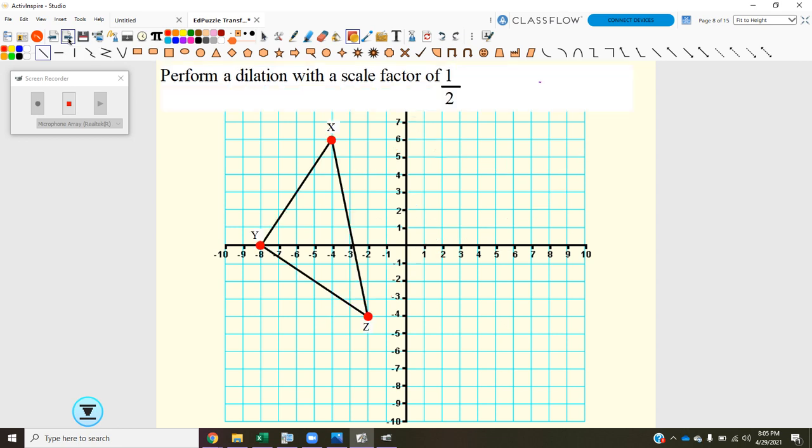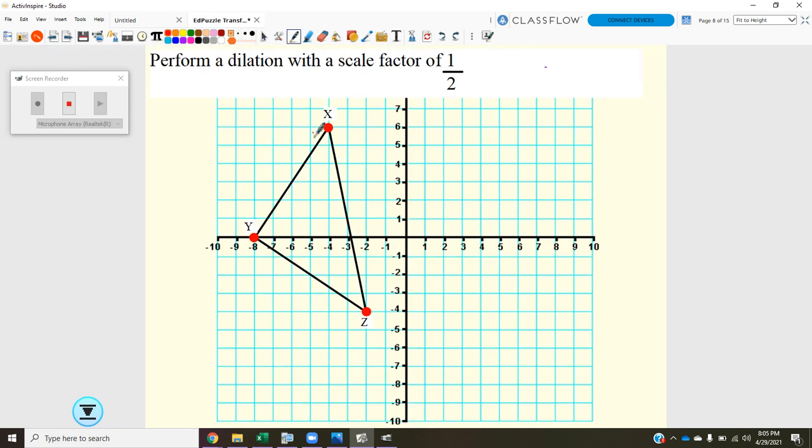The next one is a dilation with a scale factor of a half. That means we're going to make a triangle that's half the size of the one that we have right now. So if I'm going to do the coordinates, I'm noticing that x has an x coordinate of -4. Half of -4 is -2.